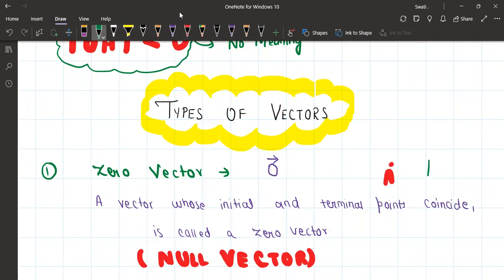You can write it as A as the starting point and A as the ending point, so we represent it by AA, because it's the same thing. AA is your null vector, which is a zero vector as well. There is another way we represent the zero vector, as A comma A, because it has the same starting and ending point.